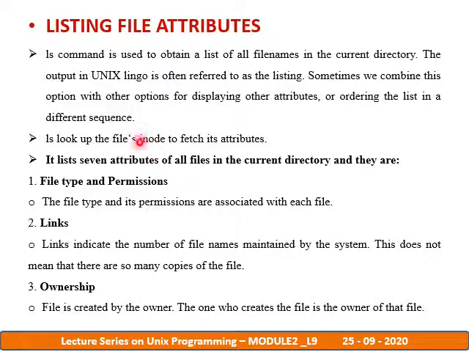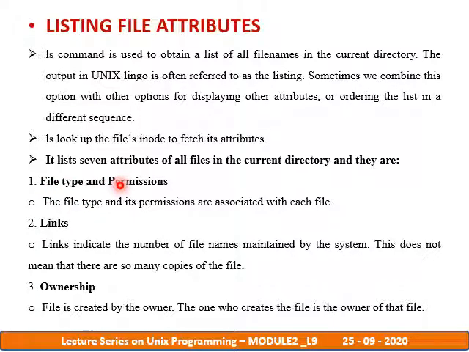When the file is created, it is associated with different attributes, and ls lists the 7 attributes of all the files in the current directory. So the first attribute is related to file type and permission.